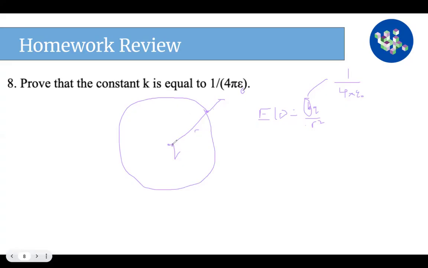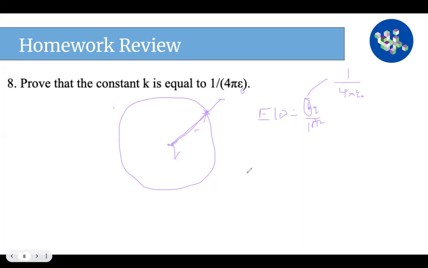If I say this is a vector r from the charge to the point under investigation, it doesn't matter what direction the vector r is. All I need to know is the magnitude of the radius vector, and the electric field would be the same. So everywhere across the surface of the sphere, I have the same magnitude of electric field.